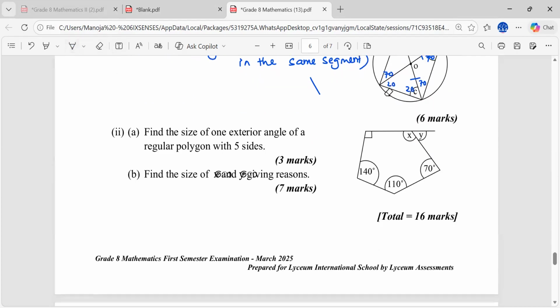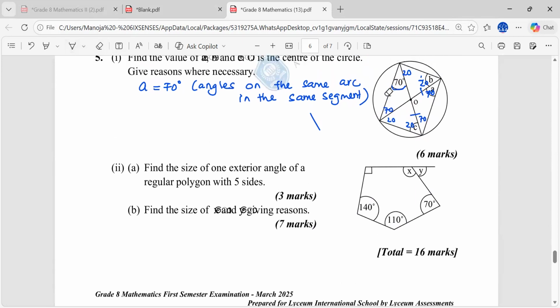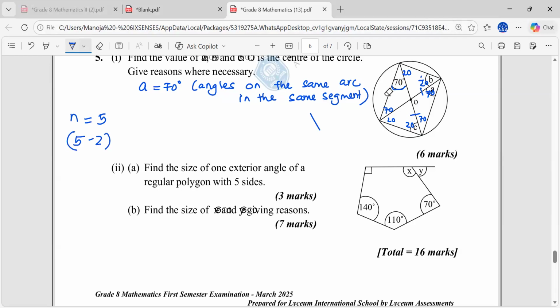And the next one, find the size of one exterior angle of a regular polygon with 5 sides. Now the 5 sides means that we know n is equal to 5. And then 5 minus 2 multiplied by 180, that is the sum of the interior angles.